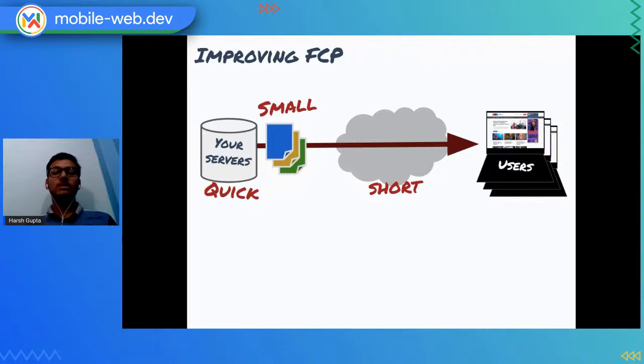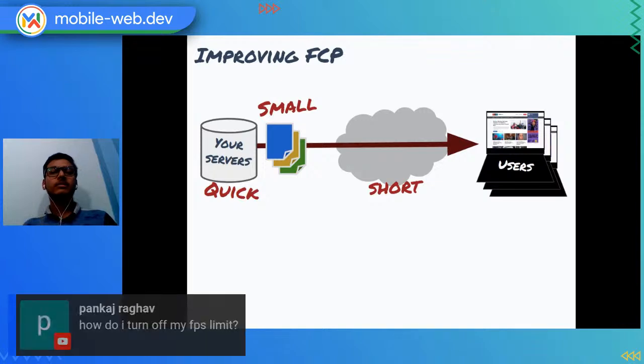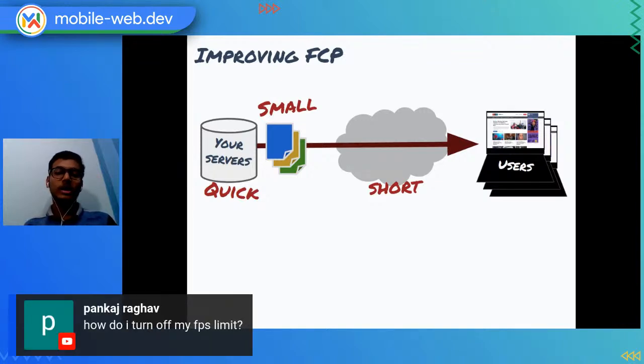Third, the path between the user and the server should be shorter. Let's say I have a website called abc.in, and I want the users to be only in my country. I don't want users from outside India, because my server is not as big as amazon.com to be on a global level.